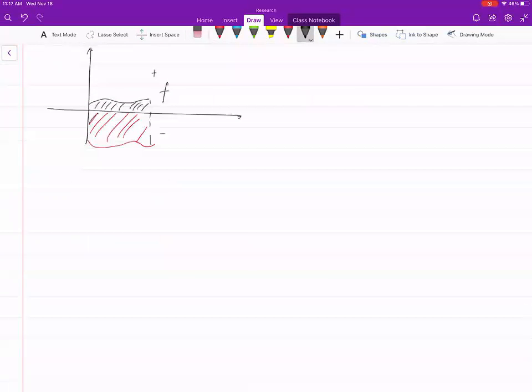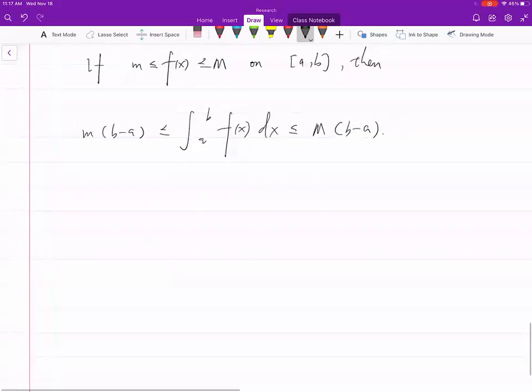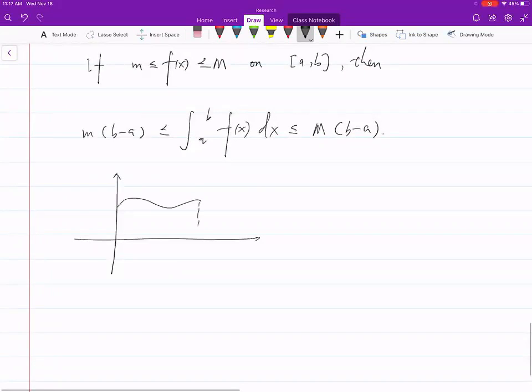Okay. Finally, if we know the lower bound and upper bound of a function, then what does this one mean? This one tells you this.